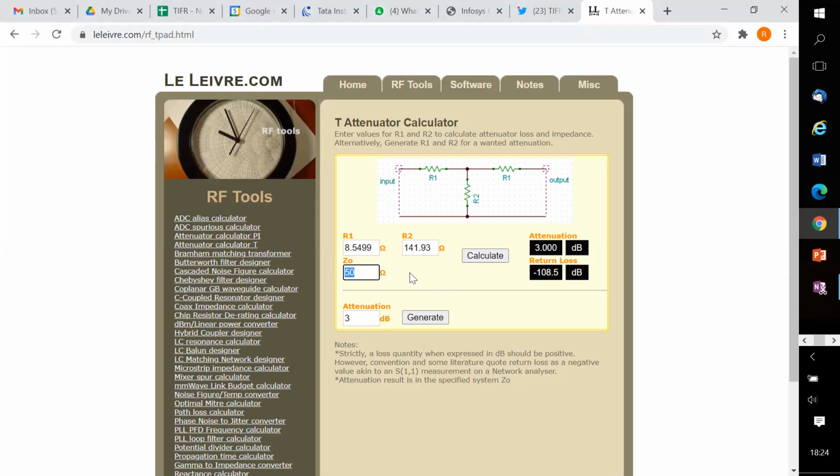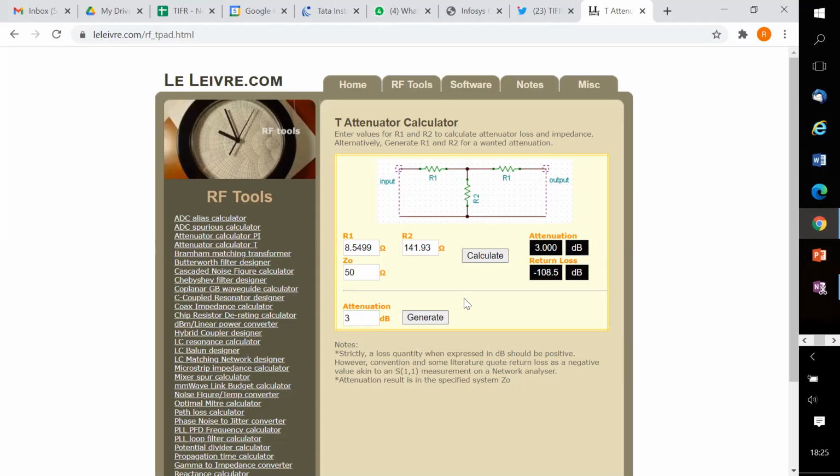You see that for a 3 dB attenuator, you get something like 8.5 ohms for R1 and 140 ohms for R2. R1 plus R2 is not the number which has to be equal to 50 ohms; it's this 141 ohms in parallel with the 8 plus 50 ohms, which gives you something close to 42 ohms, which then added with R1 gives you 50 ohms.